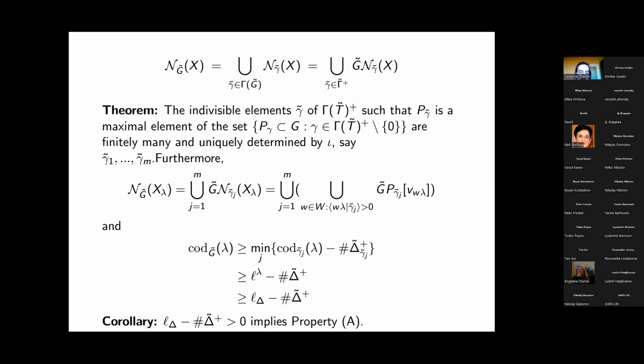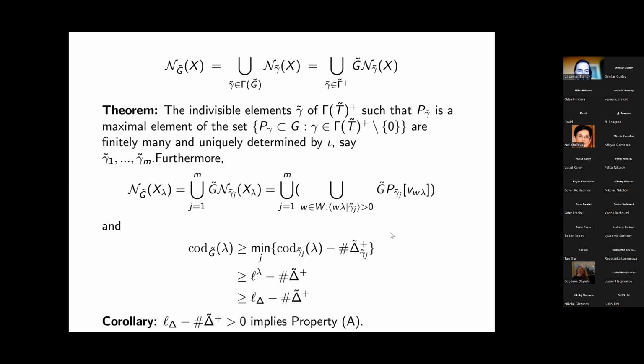And if this number is larger than a given k, then our property A holds, and even the codimensions of the null cones are always larger than k. So our property A holds, and I have deduced a criterion here which is independent of the embedding. It depends only on combinatorial invariants of the group and the subgroup.